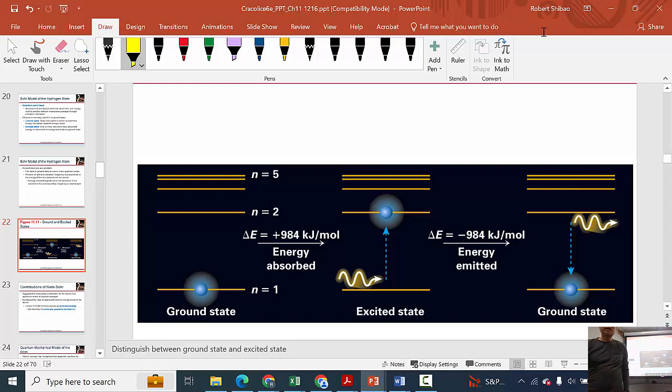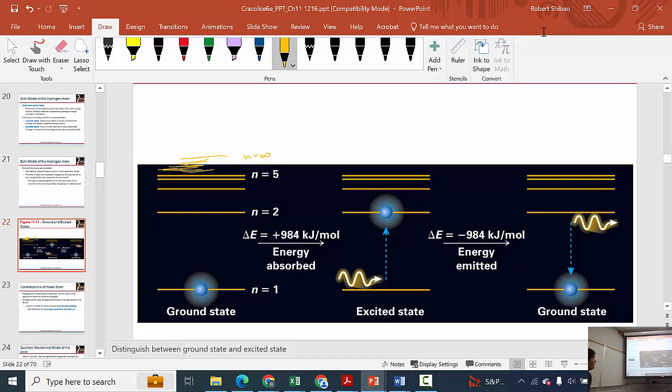But the radius diverges. And so what we're going to see here is that as we continue to go up, the energy is going to converge. And so these energy levels are going to get tighter and tighter and tighter. And eventually we'll converge at n equals infinity.